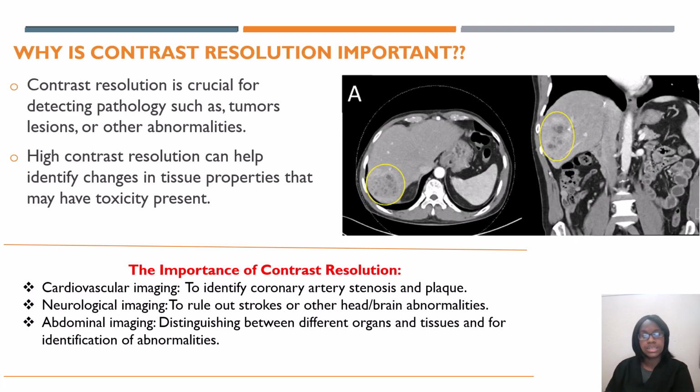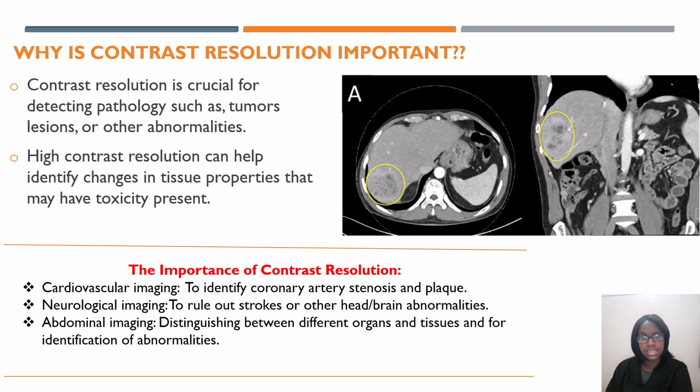Why is contrast resolution important? Contrast resolution is crucial for detecting pathology such as tumors, lesions, or other abnormalities. High contrast resolution can help identify changes in tissue properties that may indicate disease being present. For the importance of contrast resolution, you have your cardiovascular imaging.